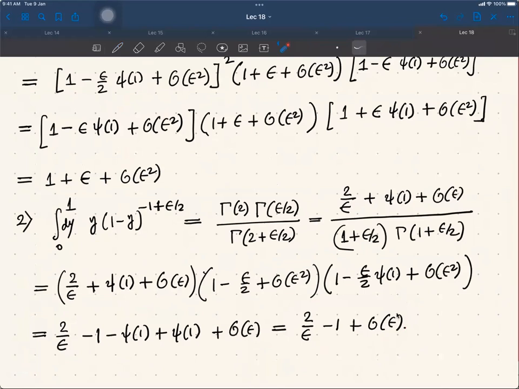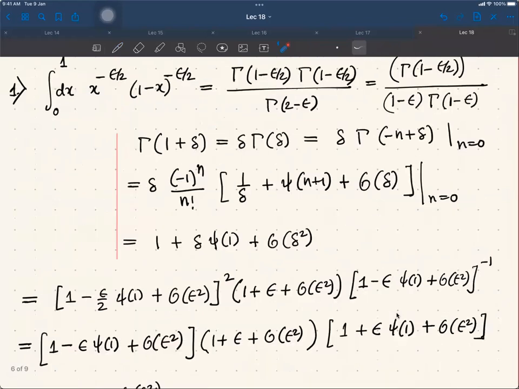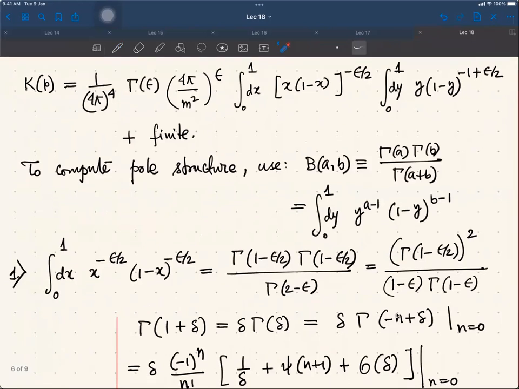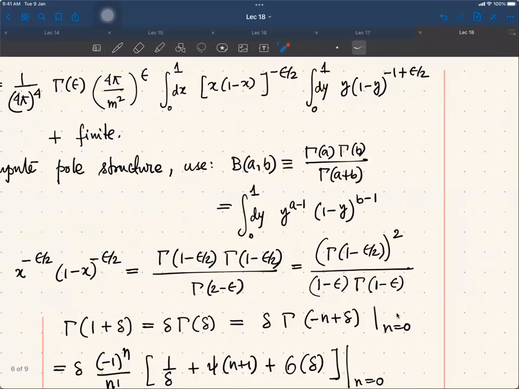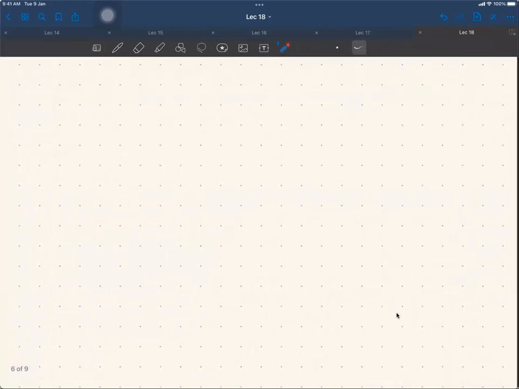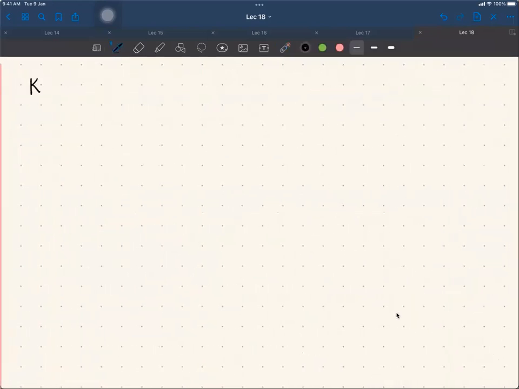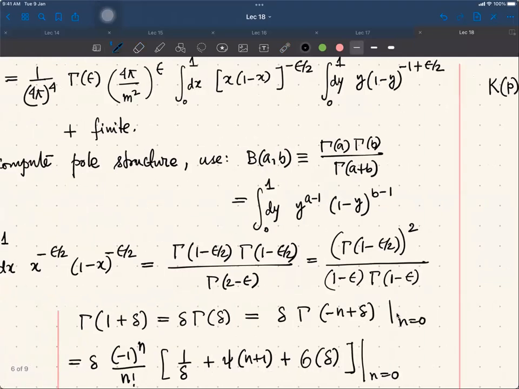Combining these two results, now we will calculate the pole structure for Kp. It is given by 1 over 4 pi to the power 4 times 1 over epsilon plus psi 1. That is the gamma epsilon factor.